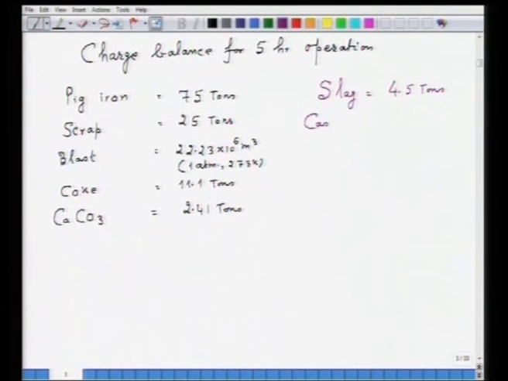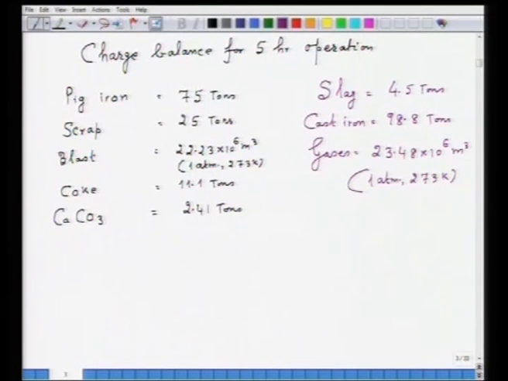Cast iron will be equal to 98.8 tons, and the gases that will be produced are 23.48 into 10 to the power 6 meter cube, measured at 1 atmosphere pressure and 273 Kelvin.